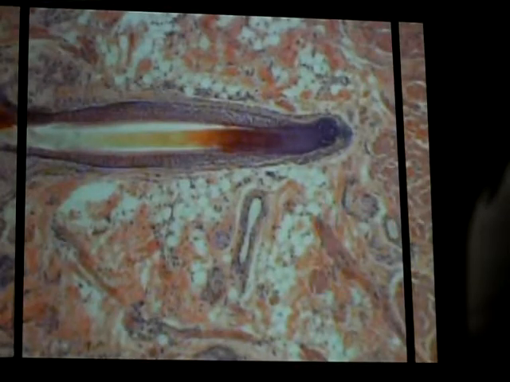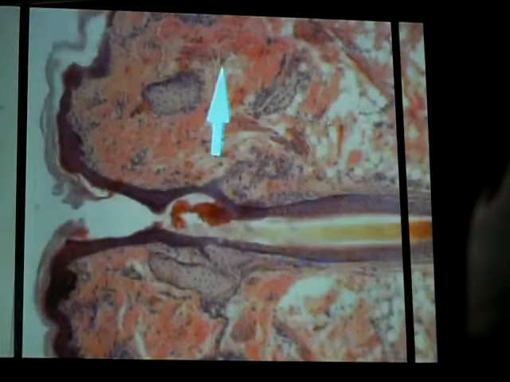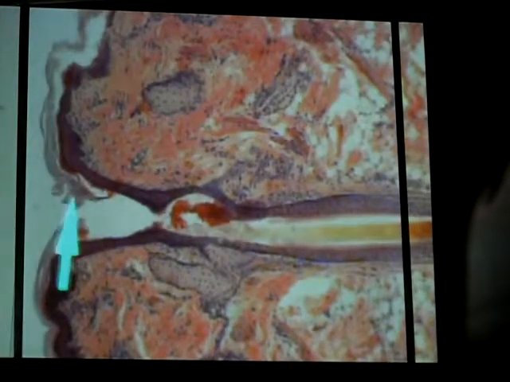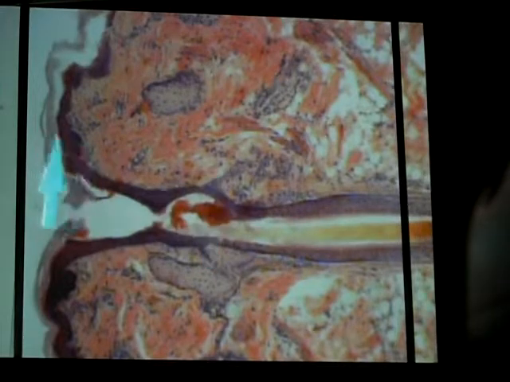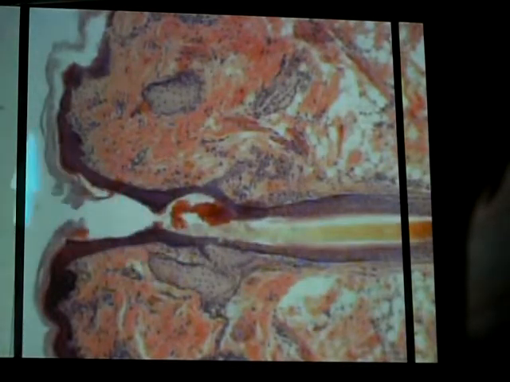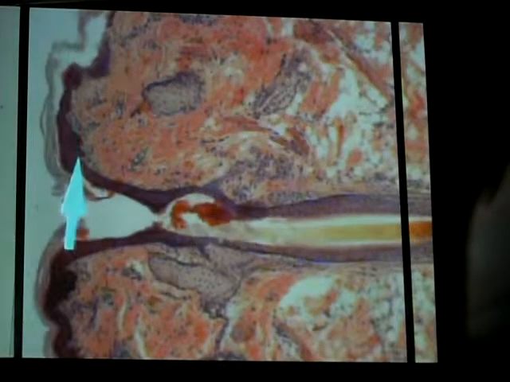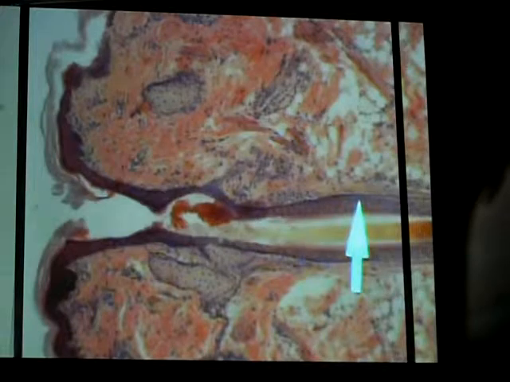We're not seeing too much of the root, but we can see the hair follicle here. Your hair follicle pretty much consists of a downward growth of your epidermis here. You notice that the cells are pretty much going downwards, forming this hair follicle.